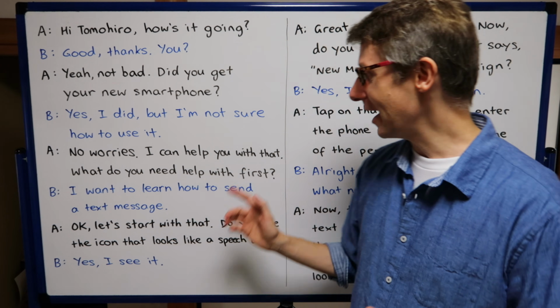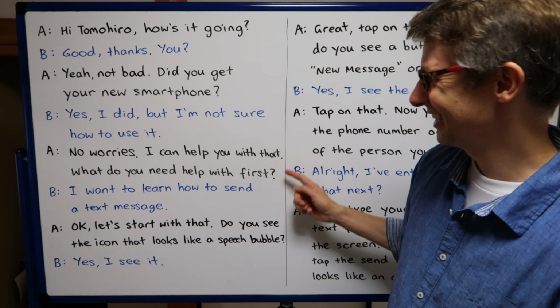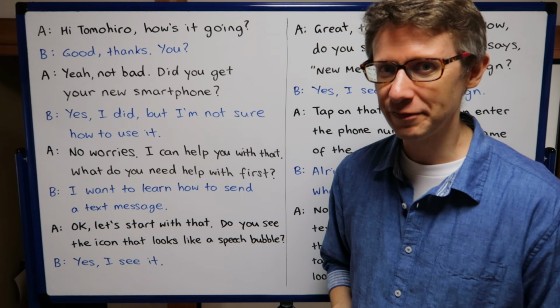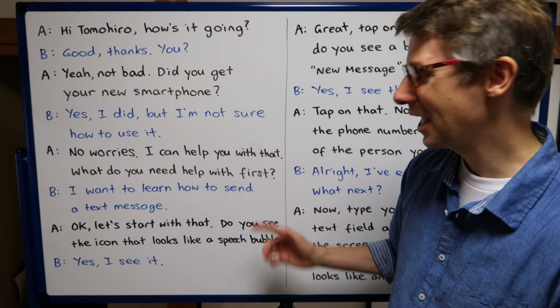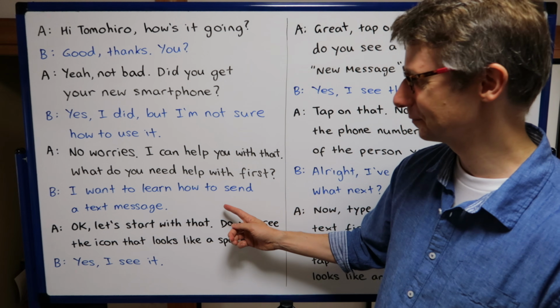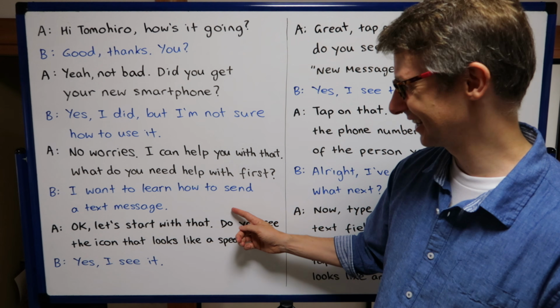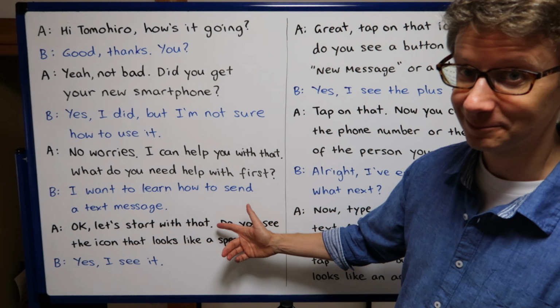No worries. I can help you with that. What do you need help with first? I want to learn how to send a text message. Okay, let's start with that.